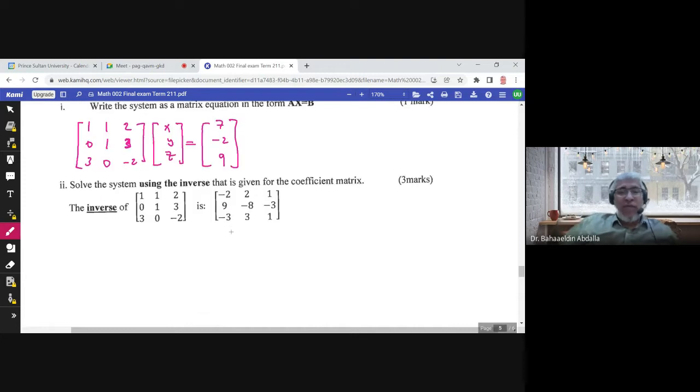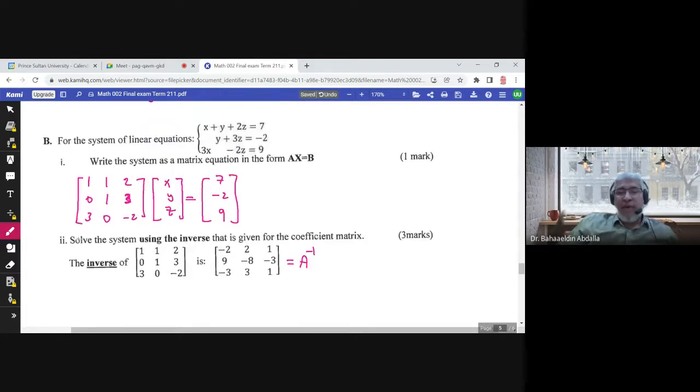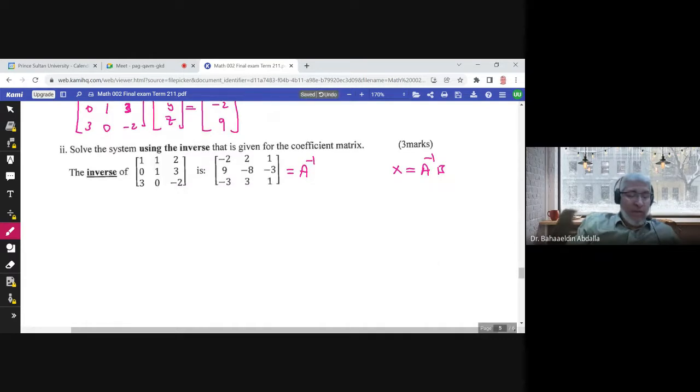And the question now, solve this system using the inverse that's given for the coefficient matrix. So this is A inverse, okay? This is A inverse. So if AX equals B, then X is A inverse times B, okay? This is what we learned in section 9.4.